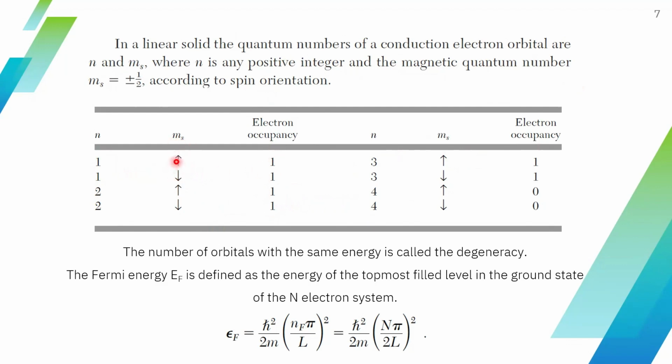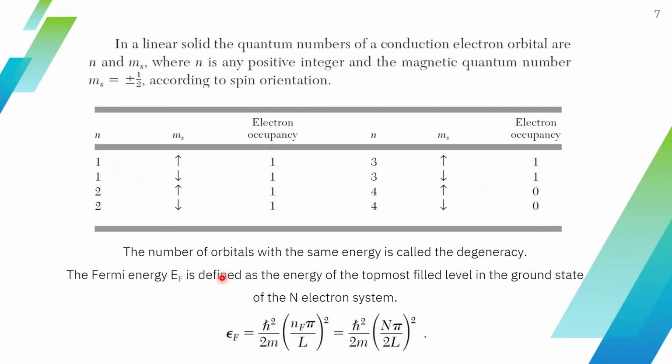Here we can see one up and one down, and the occupancy is full. For orbitals 1, 2, and 3, we can see they are fully occupied, but for orbital 4, it is empty, that is, it is denoted as 0. More than one orbital may have the same energy. The number of orbitals with the same energy is called degeneracy. It is an important term here also.